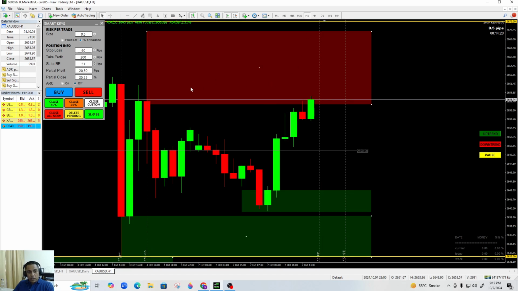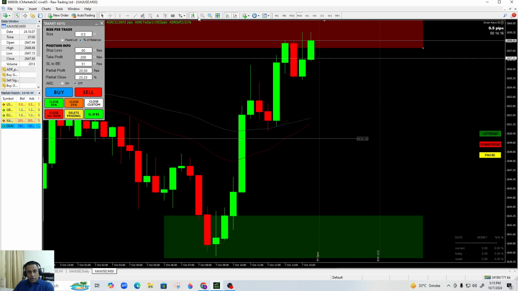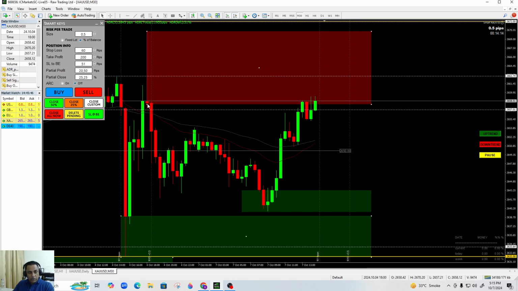So I went down to the H1, and on the H1 this looks like a rally, a base in candle, and a drop. Okay, rally, single base in candle and a drop, but that's too wide. That's 170 pips. So we go down to the M30 to refine that a little bit, and that's what we have. Okay, that's what I have: a rally, a base, and a drop, and price has already come there, which is great.